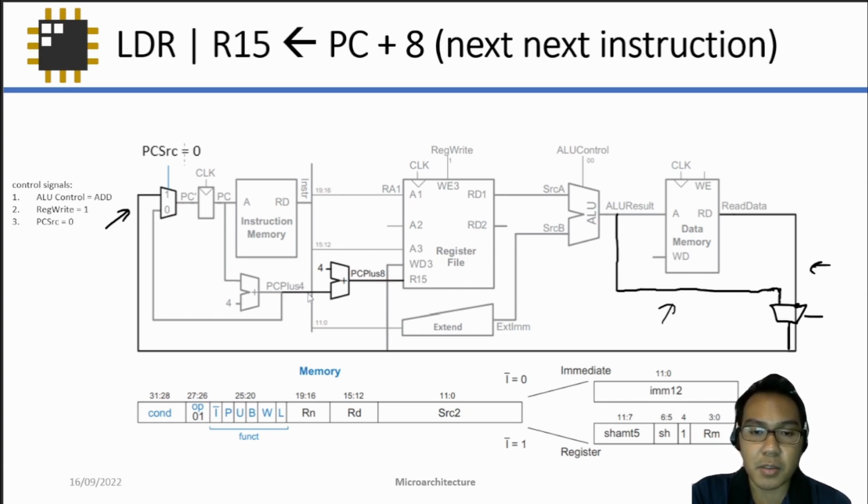So we're going to have to write that to register 15 always, and register 15 is always writable from this port. So let's go ahead and do that by adding yet another 4 to PC plus 4, which feeds into register 15, and that should be it for the load register.